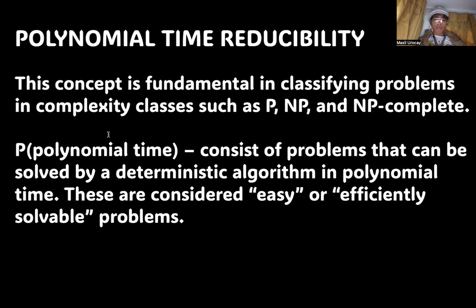That is definitely easy to solve, since it is deterministic. Polynomial time reducibility helps us classify problems into different complexity classes or groups based on their difficulty and the time it takes to solve them.